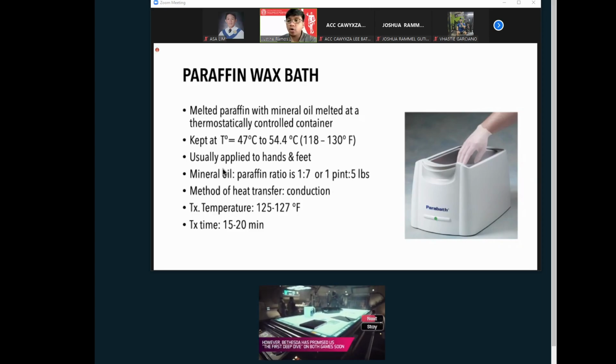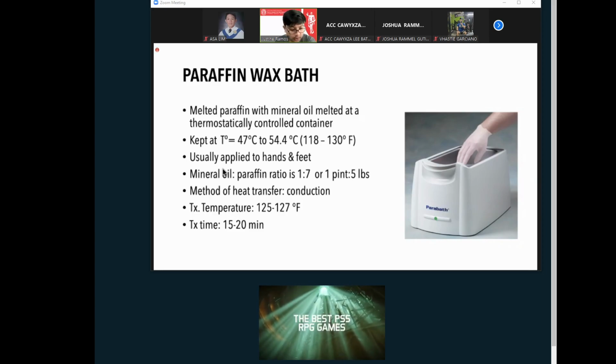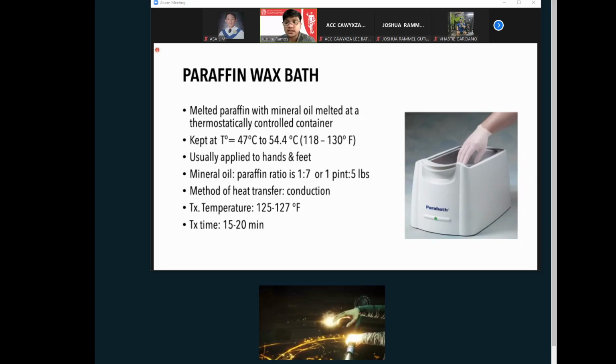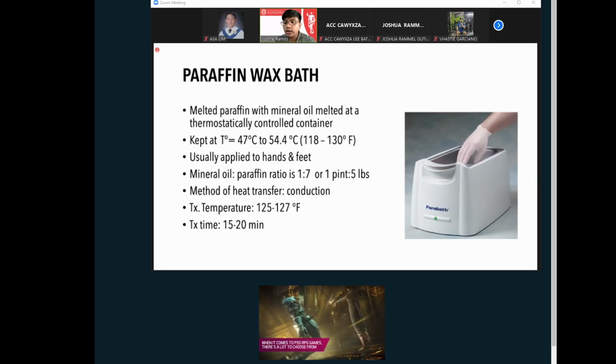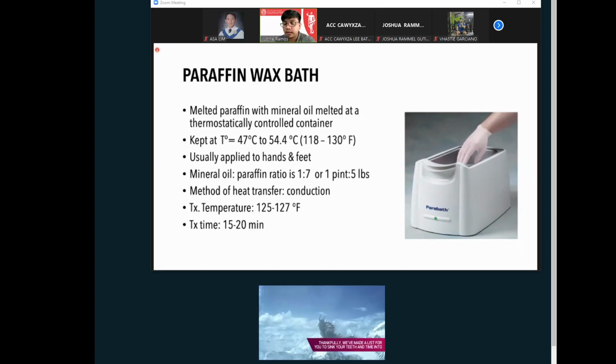Okay? And remember, the oil decreases the specific heat. The combination of paraffin wax plus the oil decreases the specific heat. Okay?